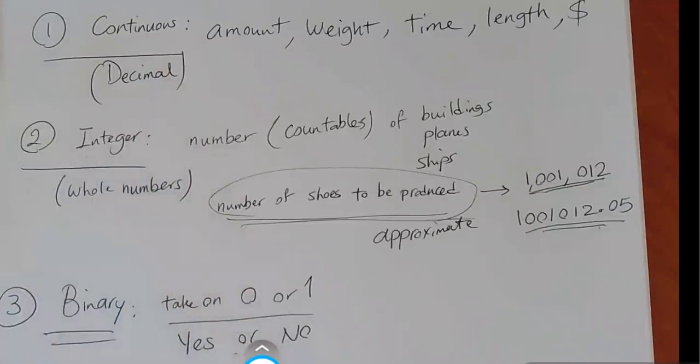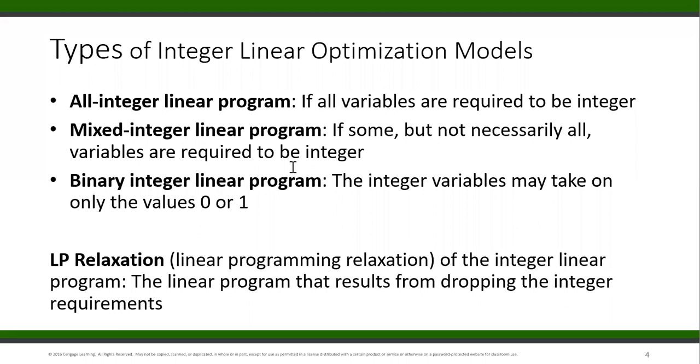Integer is usually the most complicated as far as I know, but you don't really need to be involved in the technicality, because the examples that we are solving in this course are small scale problems. And so depending on the existence of different types of decision variables in your model, you may have actually four types of linear optimization models.